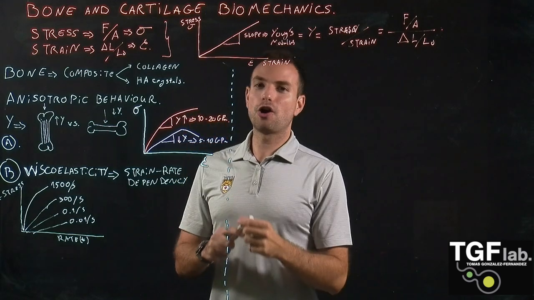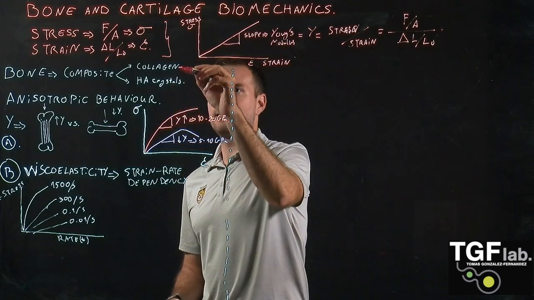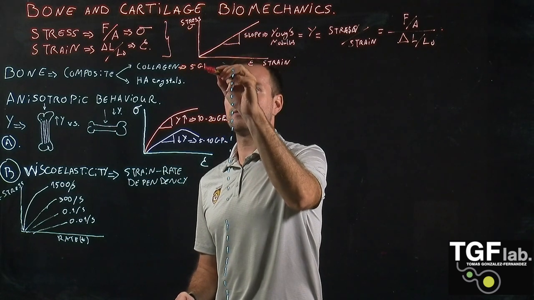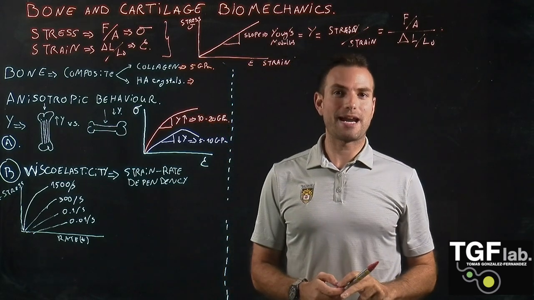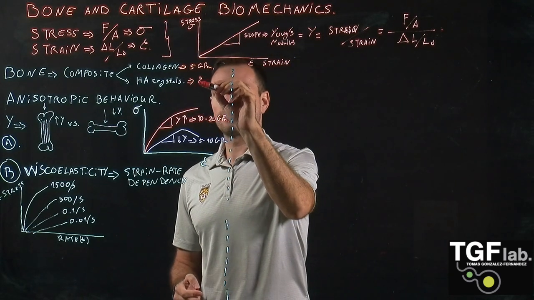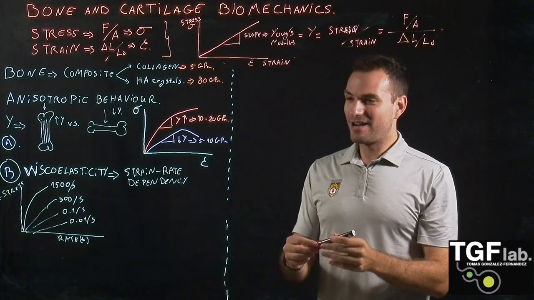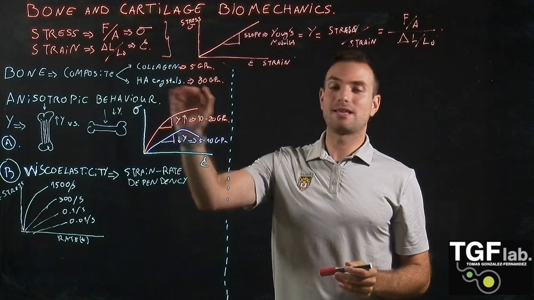And if we look at the single components, the Young modulus of collagen is around 5 gigapascals, and the Young modulus of the hydroxyapatite crystals is 80 gigapascals. So as we can see here, the bone's Young modulus is much superior to collagen, but inferior to the hydroxyapatite.